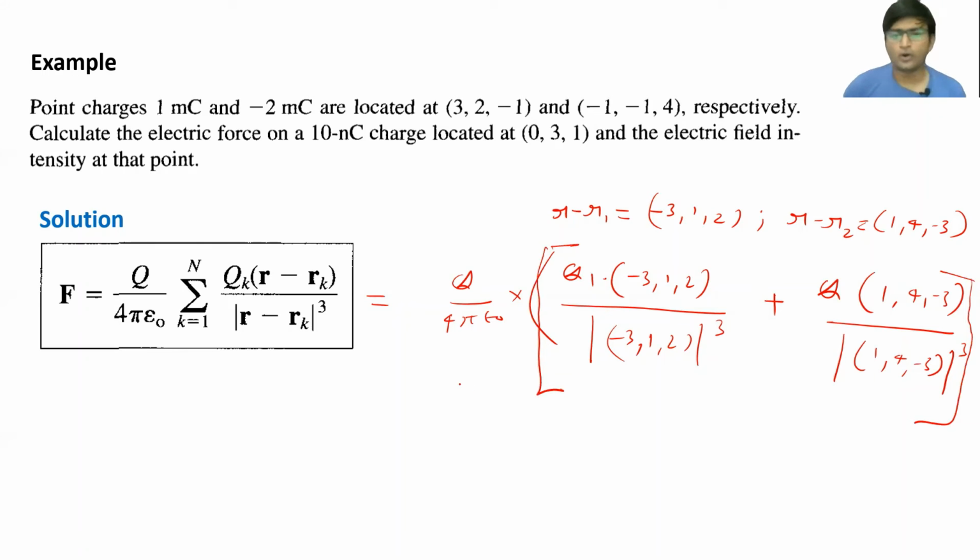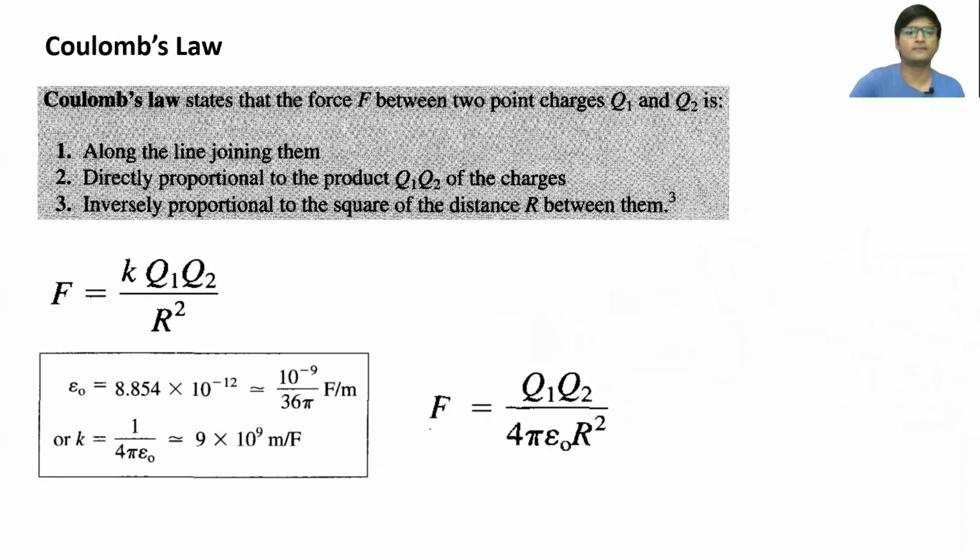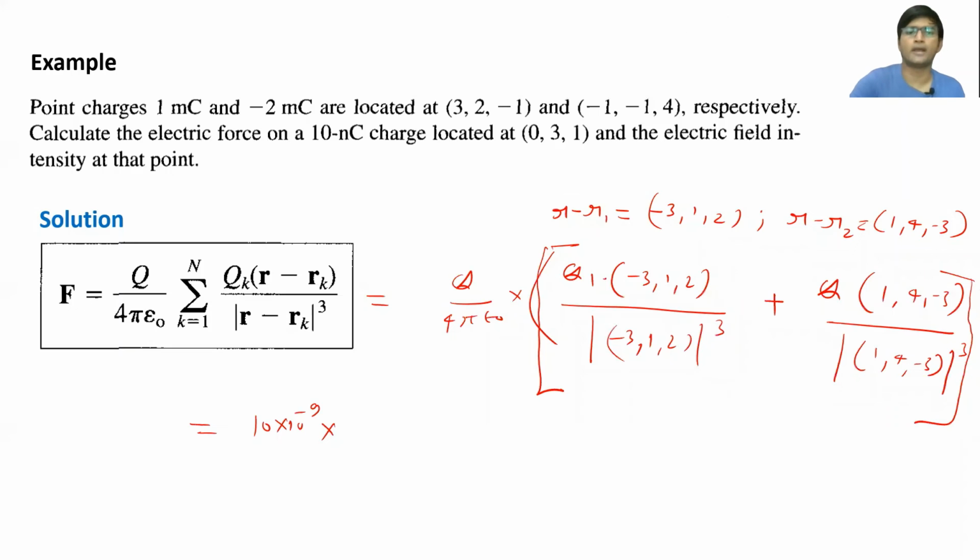So all we have to do is put all the values in this. What is the value of q? Q is 10 into 10 to the power minus 9, into 1 upon 4 pi epsilon naught, whose value we just saw as 9 into 10 to the power 9, multiplied by the value of q1, which is 1 into 10 to the power minus 3, and minus 3, 1, 2.